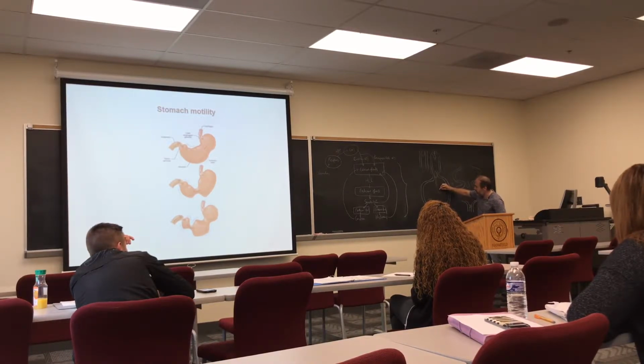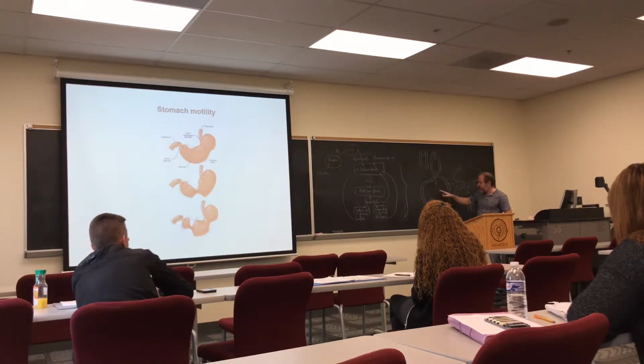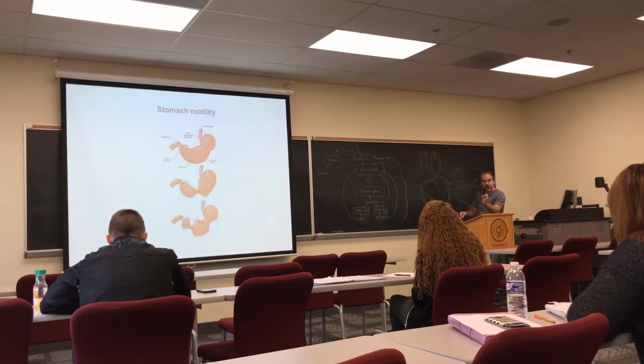Probably all these things on the surface are absolutely exposed to hydrochloric acid and enzymes, so probably tiny molecules are already broken down, okay? Now, these small molecules can go through the pyloric sphincter, but the bigger chunks of food are too big and they cannot cross the pyloric sphincter.